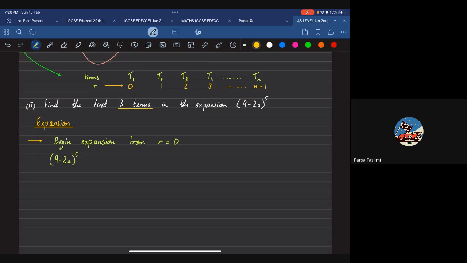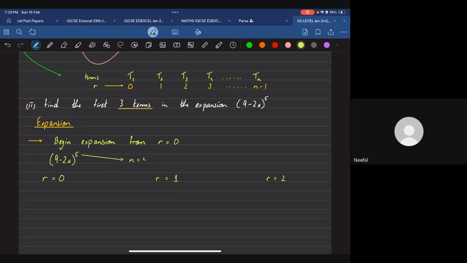I'm going to have r is equal to 0, because you always have to begin from 0, then r is equal to 1, and then r is equal to 2. Clear? So you're going to have these three terms with you. And we already know from the question itself that n is equal to 5. Is this clear, guys?